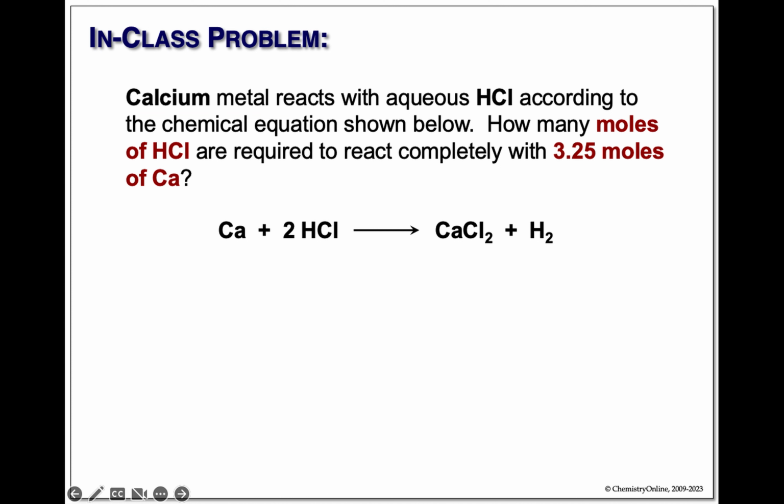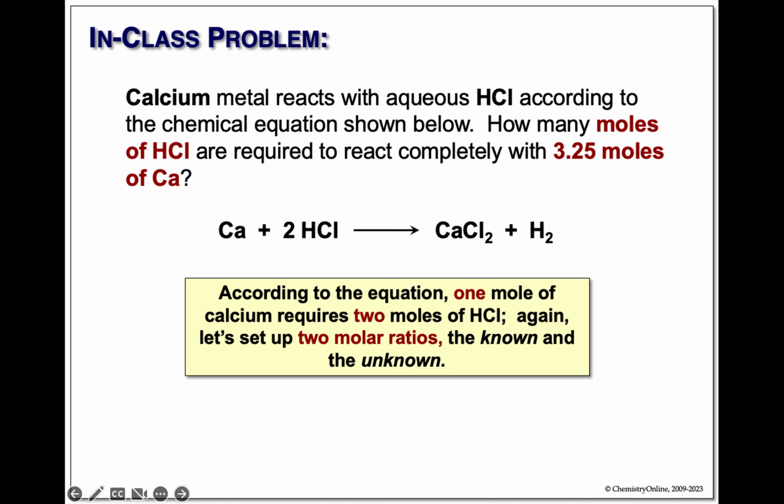And we want to know how many moles of HCl are going to react with 3.25 moles of calcium. Okay. 1 mole of calcium requires 2 moles of HCl.